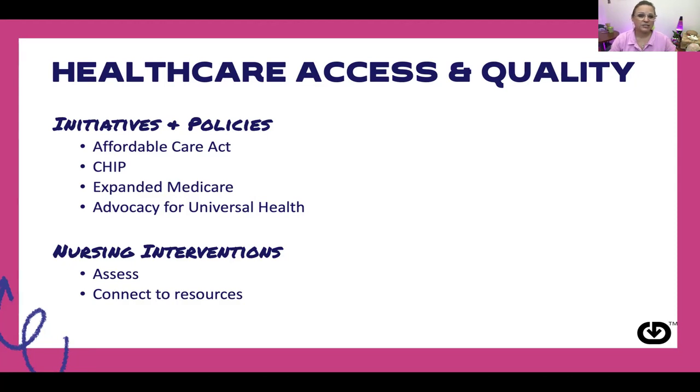We've seen an expansion of Medicare to qualify more people, including people with disabilities and end-stage renal disease. And there's ongoing advocacy for universal health, that people bring up the question of, is healthcare a human right, or is it something you should have to pay for? And then finally, nursing interventions are to assess people's access to healthcare and to connect them to resources in the community.